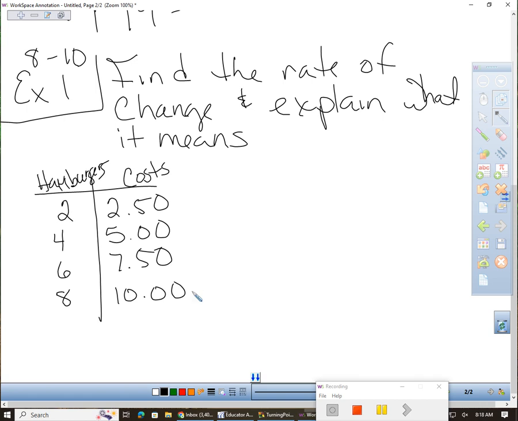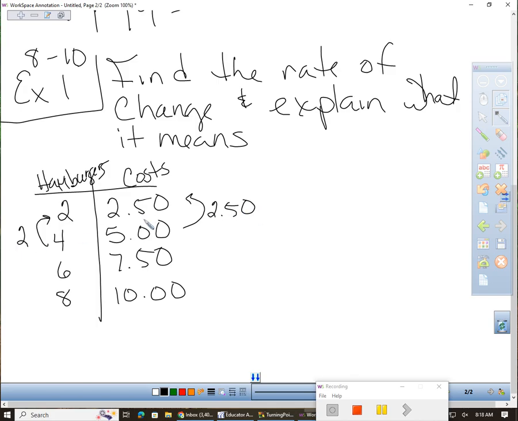All right, so again, we're going to do our loops. 4 minus 2 is 2. And again, it should be the same all the way down, right? My x2 minus my x1. On this side, 5 minus 2.50 is 2.50.